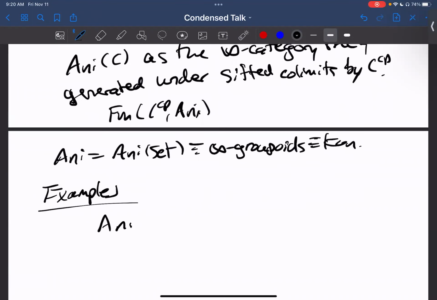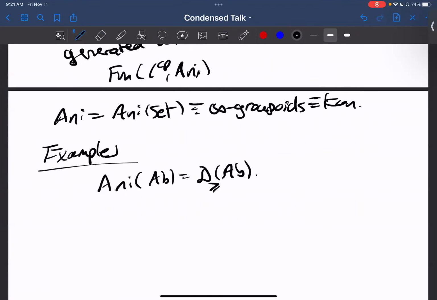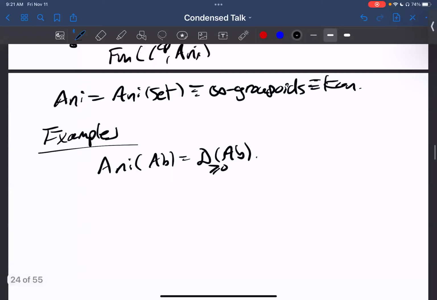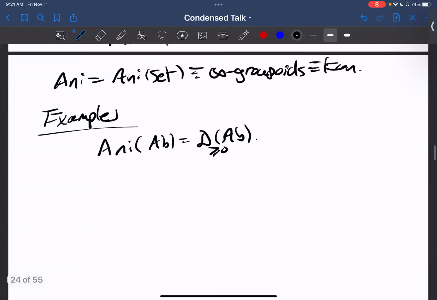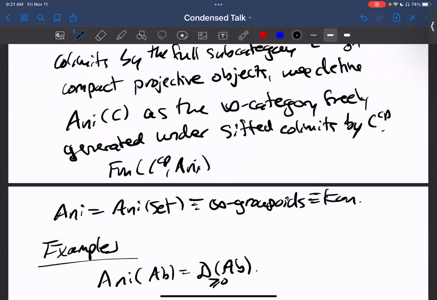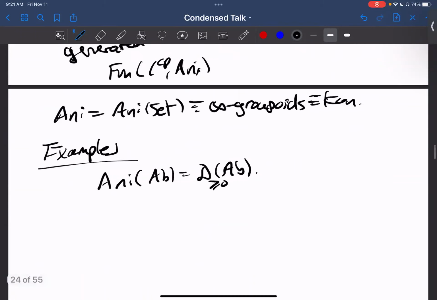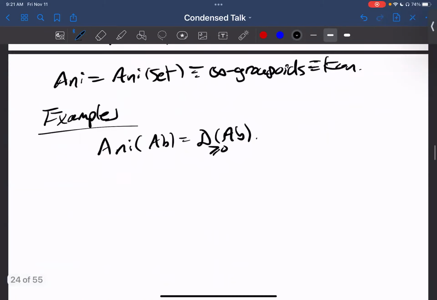Well, if you animate abelian groups, then what you get back is the infinity derived category of abelian groups, rather connective. So this is why we sometimes call this, you might have seen this before, the non-abelian derived category. And we already talked about the animation of sets.